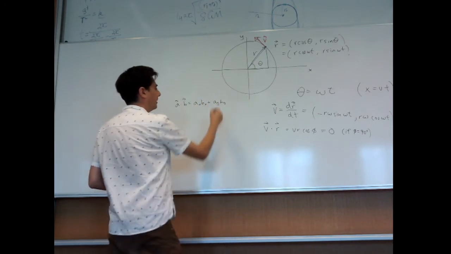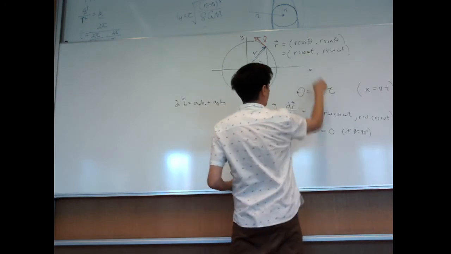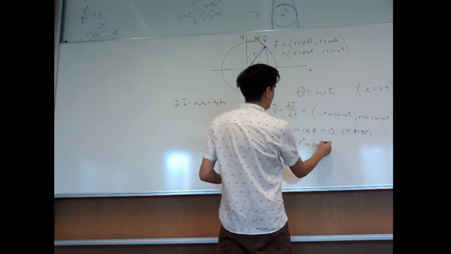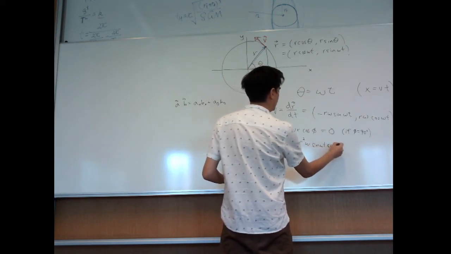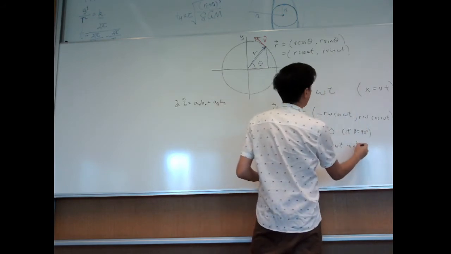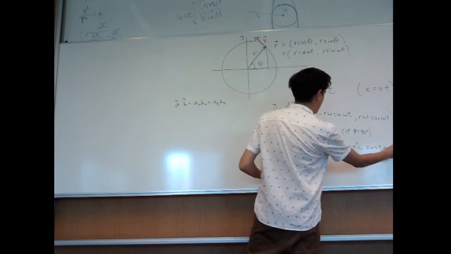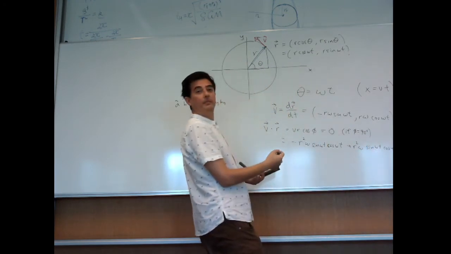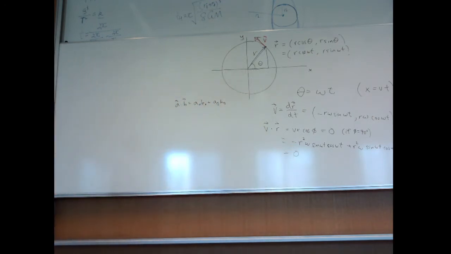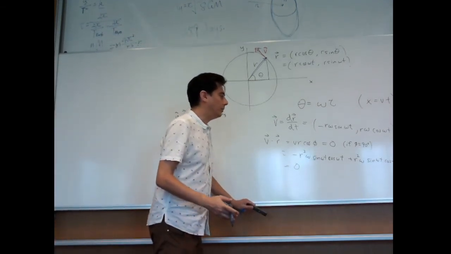Okay, so let's just do that with these two vectors. So here I'm going to get minus r squared omega sine omega t cos omega t. And here I'm going to get r squared omega sine omega t cos omega t. And you can see these are exactly the same. So it's 0, right? So you can see that all the maths works quite beautifully.